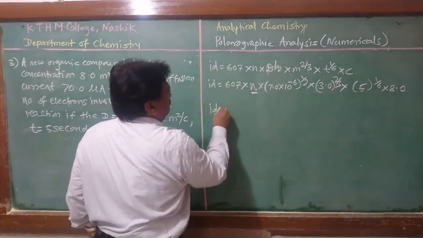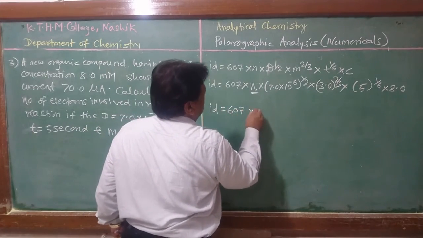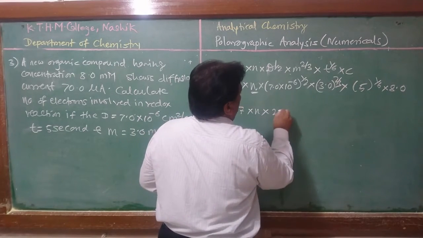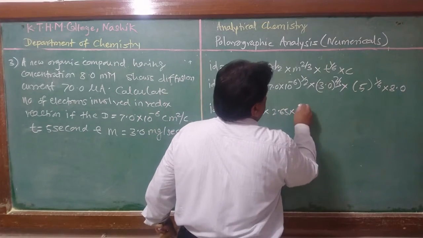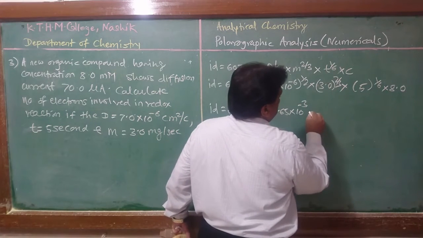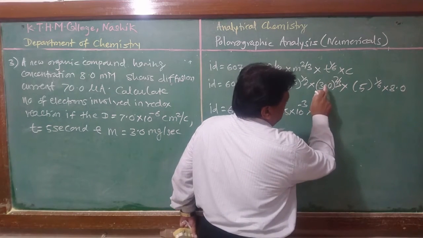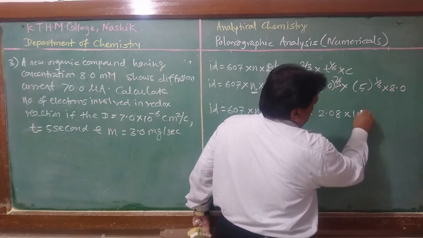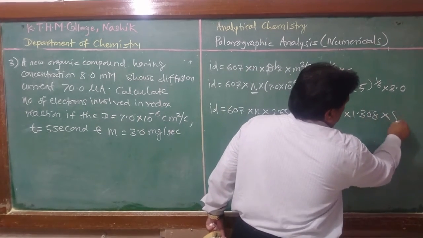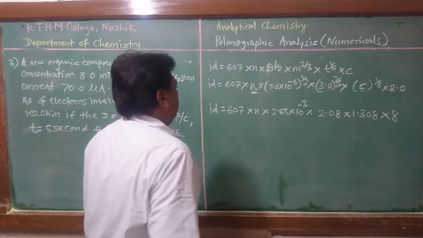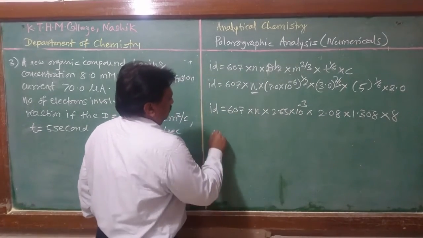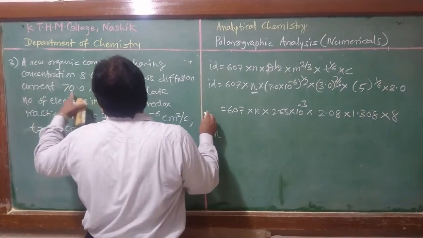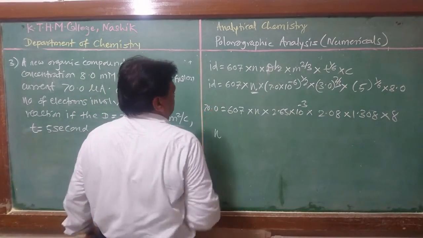Therefore, ID is equal to 607 into n into 2.65 into 10 raised to minus 3, into 3 raised to 2 by 3, which becomes 2.08, into 1.308 into 8. Here n is the number of electrons involved, and the diffusion current is given, that is 70 microampere.